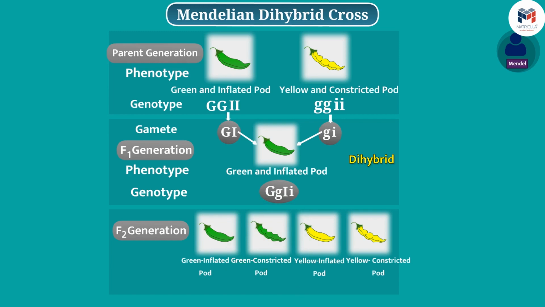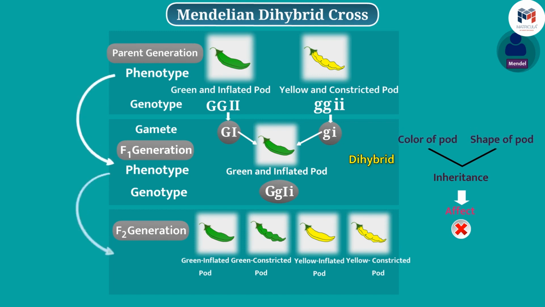This suggests that the inheritance of color of pod and shape of pod do not affect each other. This means that the color and shape of the pod is inherited independently. For this, the factors governing them have segregated independently.